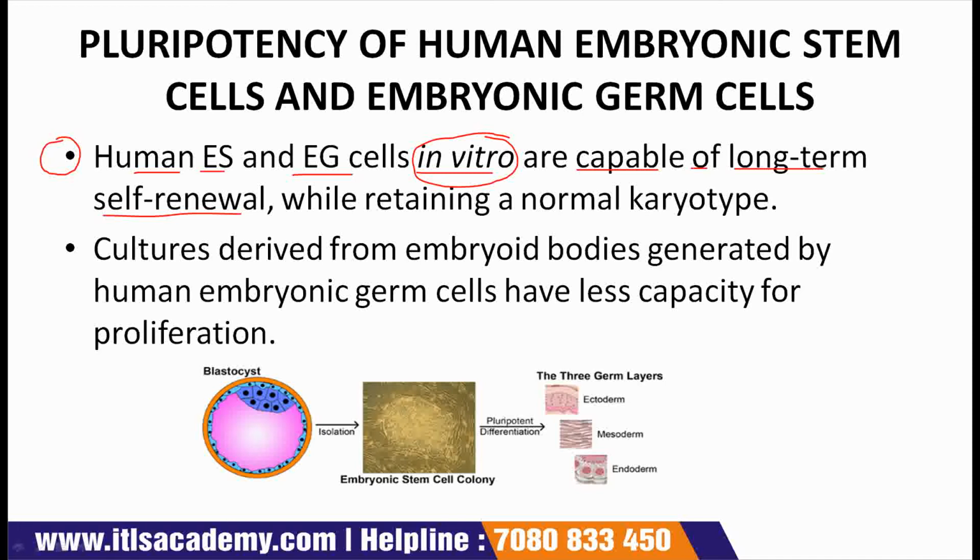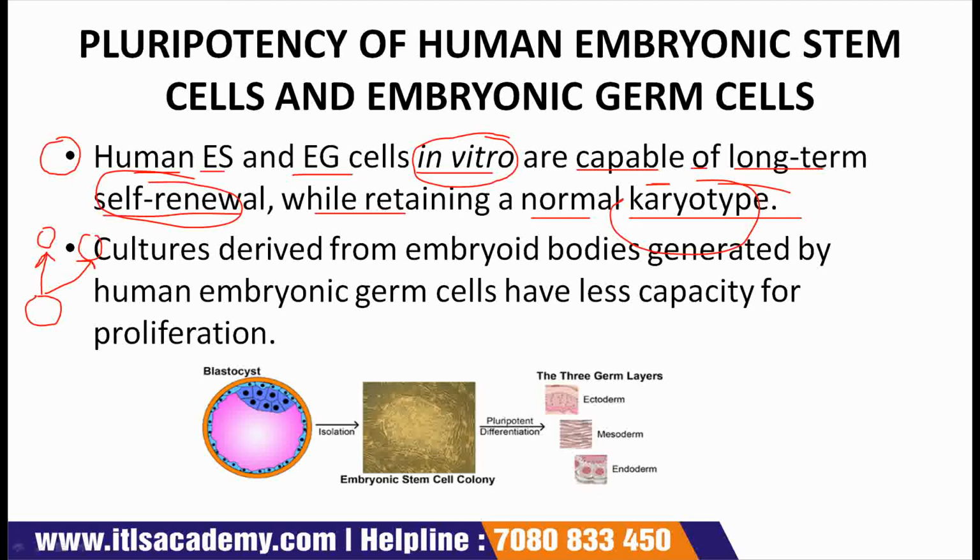If this is a particular stem cell, then it can give rise to the same type of stem cell, same shape, size and everything, each and everything is the same. So this will be known as self-renewal, while retaining a normal karyotype. Karyotype will not be changed.